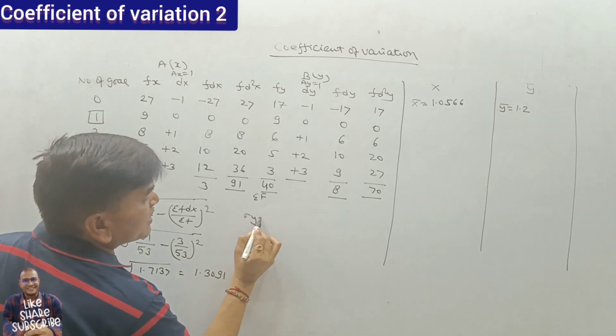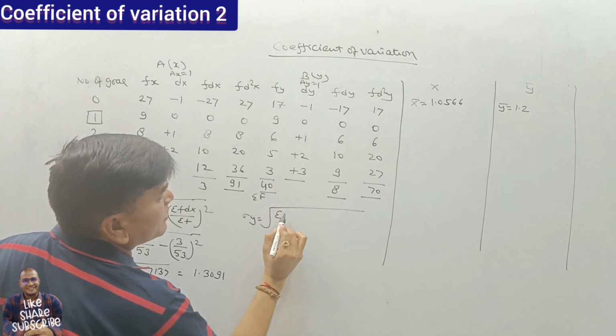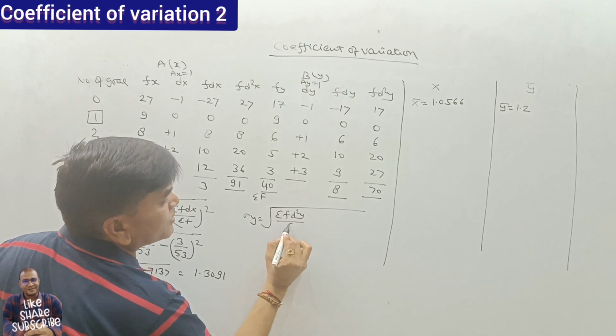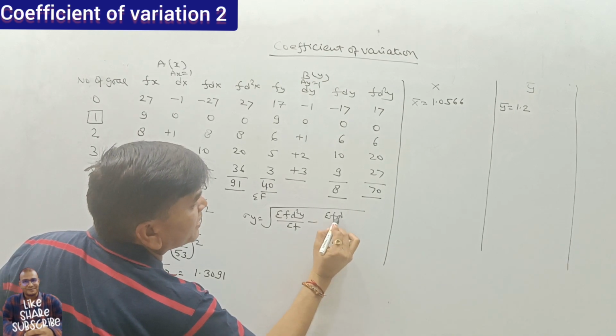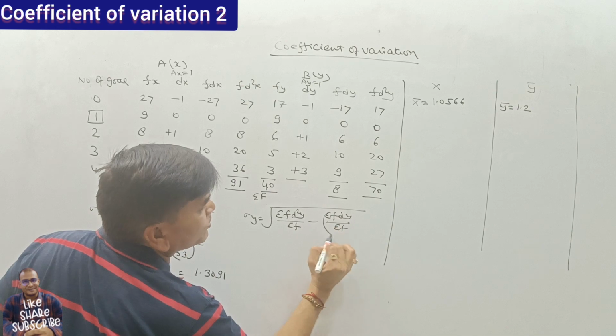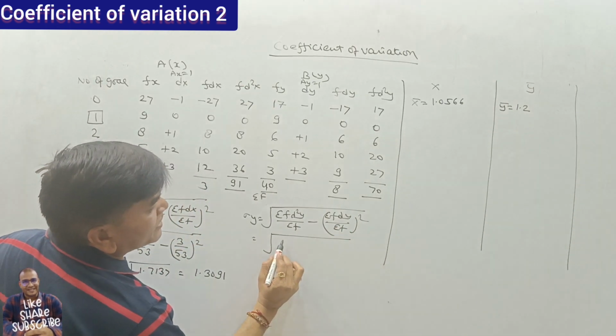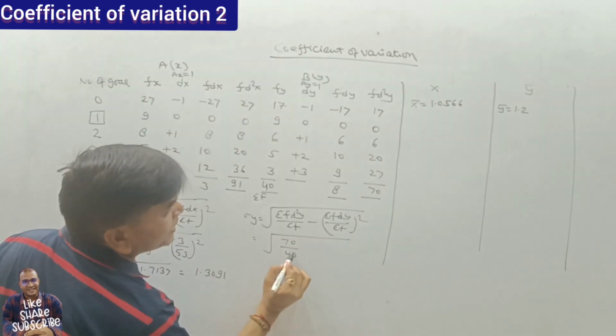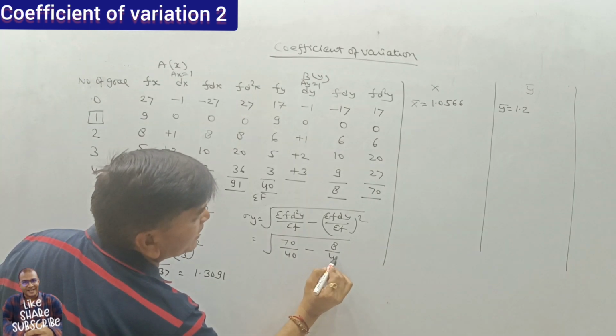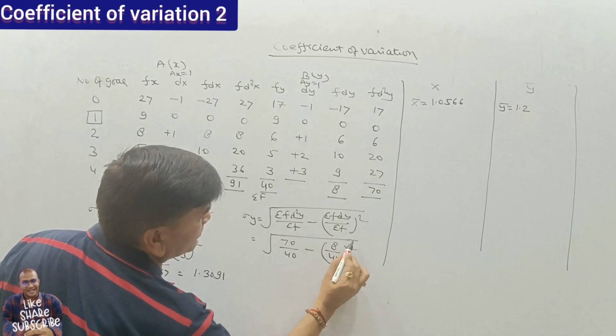Standard deviation of y series is the square root of sigma f d square y upon sigma f minus sigma f dy upon sigma f raised to power 2. So the value will be 70 divided by 40 minus 8 divided by 40 raised to power 2.